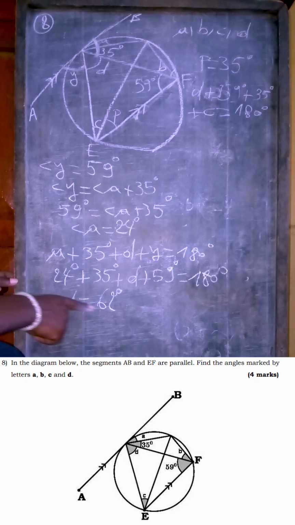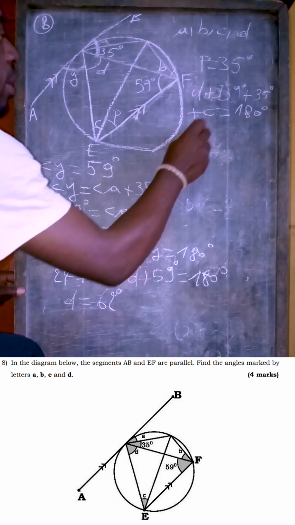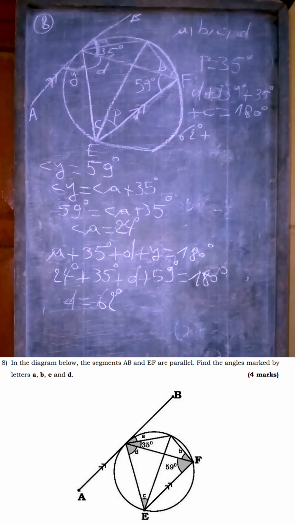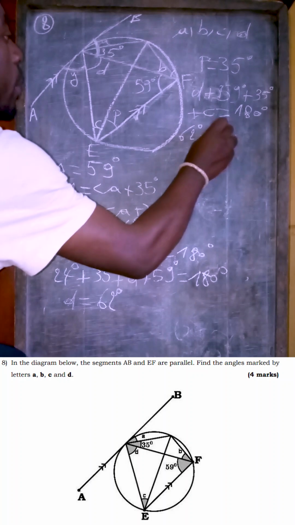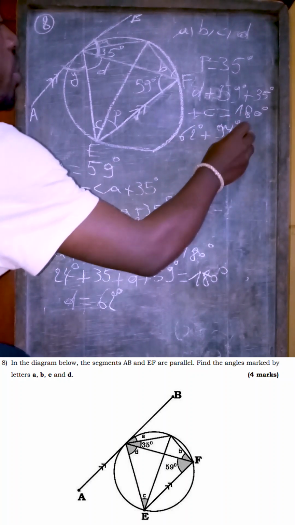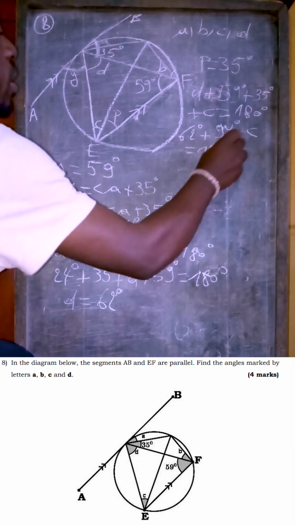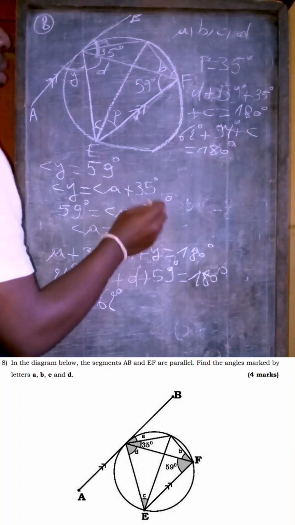D is equal to 62 degrees. 62 degrees plus 59 plus 35 is equal to, let us check, 59 plus 35 is 94 degrees plus C equal to 180 degrees.